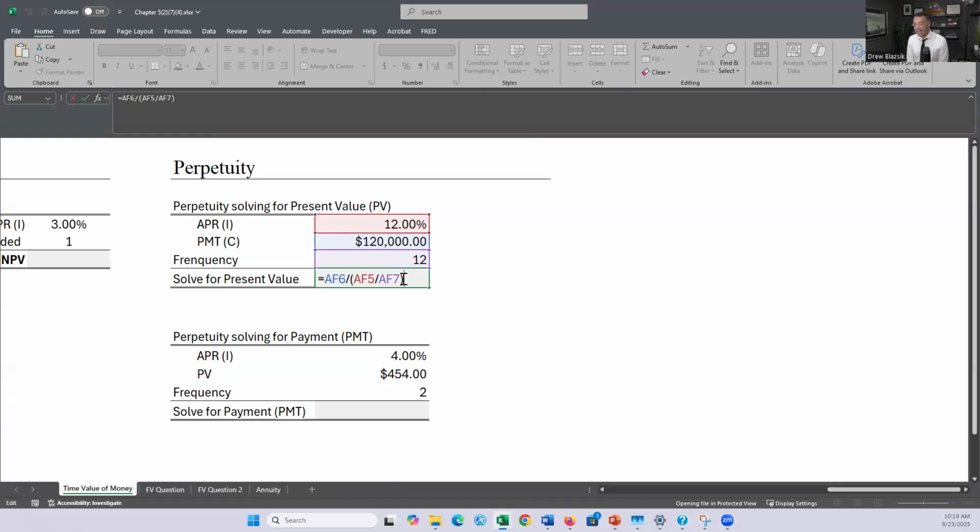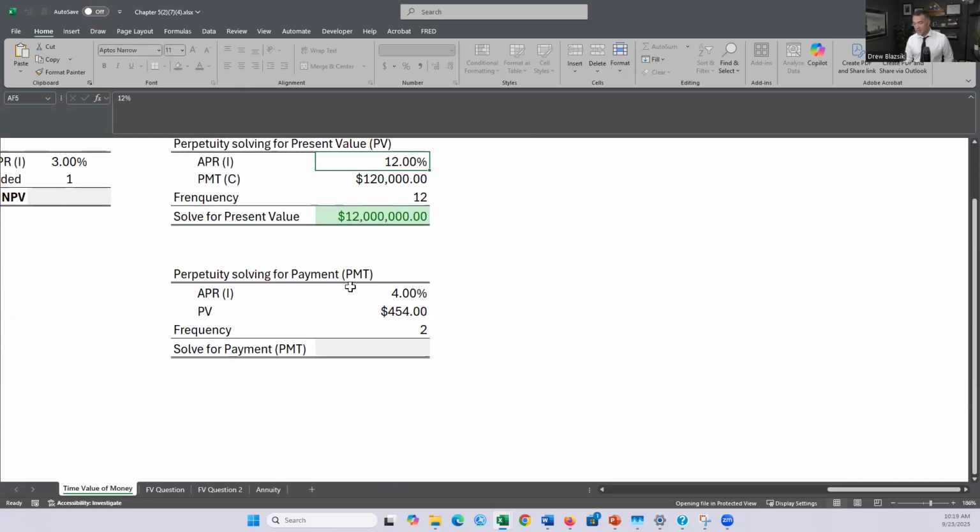That's very important because what we're doing here is taking the interest rate per month, which is 12% divided by 12. So really it's 120,000 divided by 1%, since 12% divided by 12 is 1%. So what the question is stating is we need $12 million in our account today in order to get 120,000 per month if we have an APR of 12%.